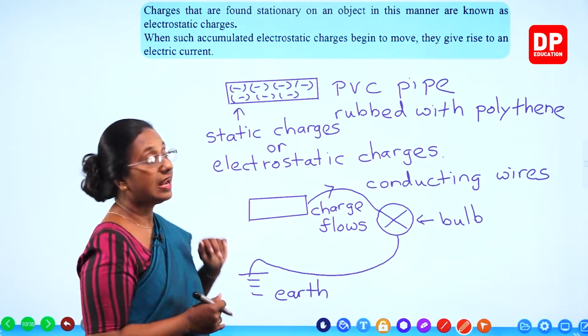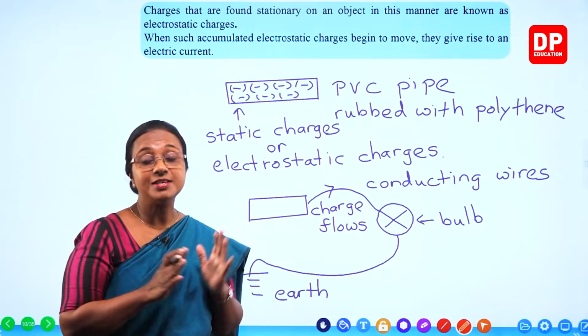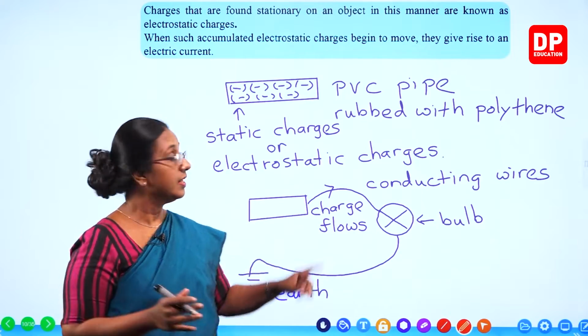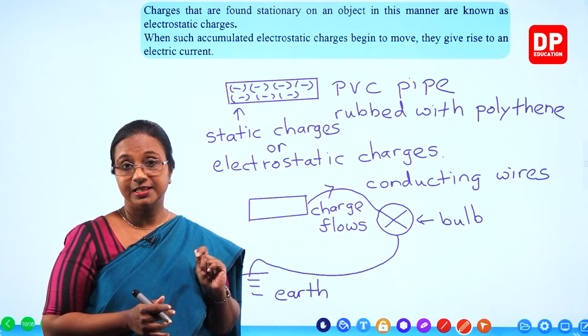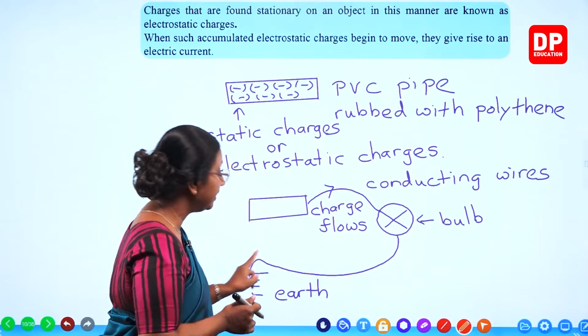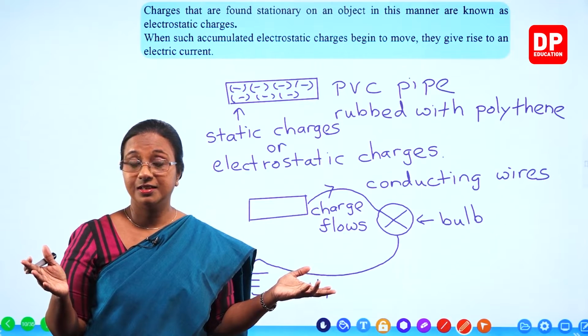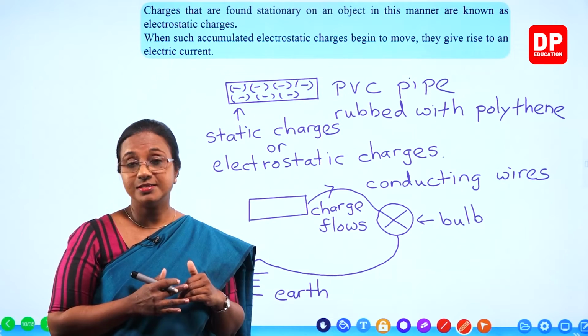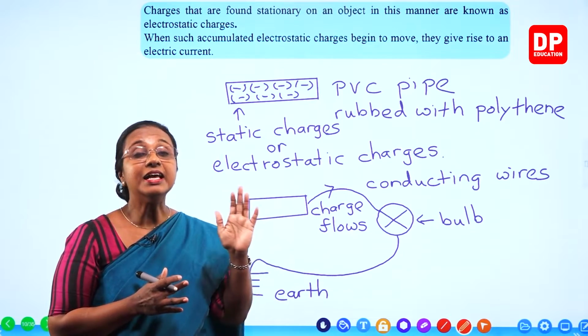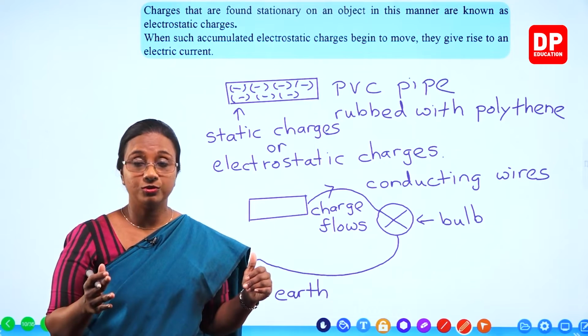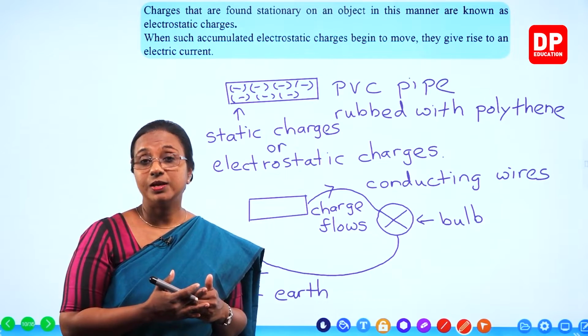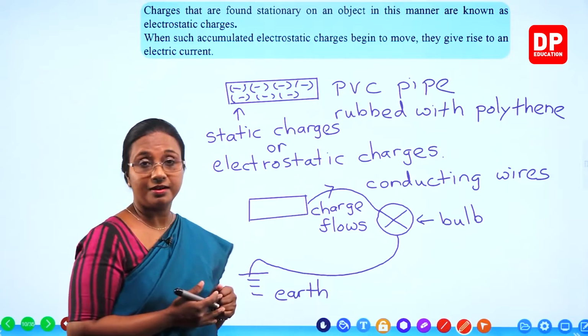So initially we had the PVC pipe with the charges that did not move. That is static electricity. But when you connect it to a path, that is what we call an electric circuit, through which these charges can flow, then the electric charges flow through it. So that is what we call electric current.